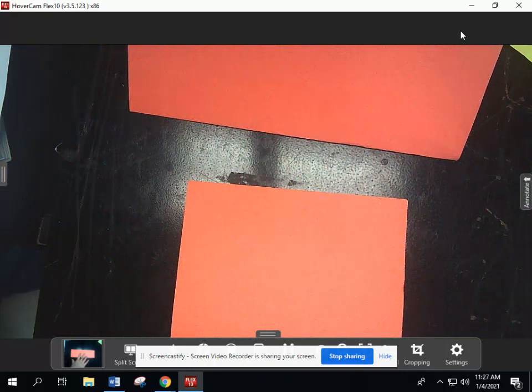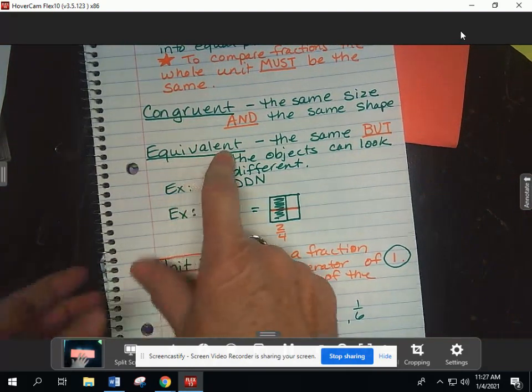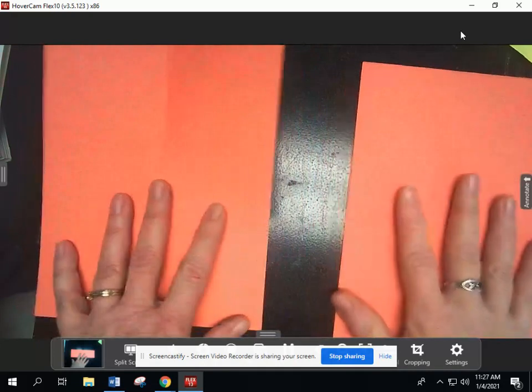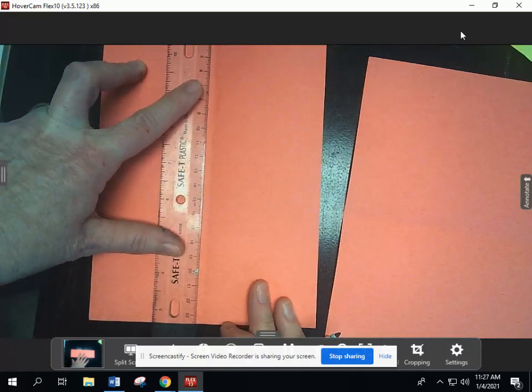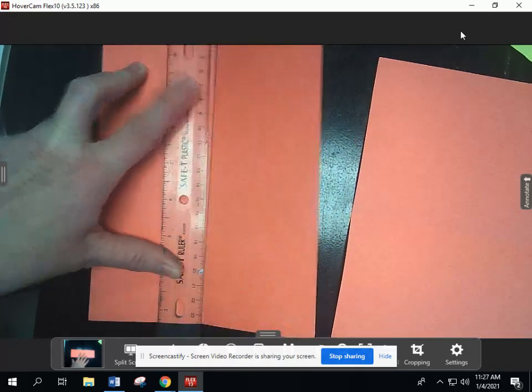What word did you just learn? It is equivalent. This word right here. You just learned it. Besides doing it like this, this is half, just like this is half. But they're still the same thing. I'm going to quickly draw a line so that you can see this.